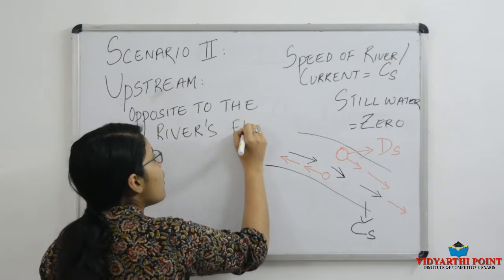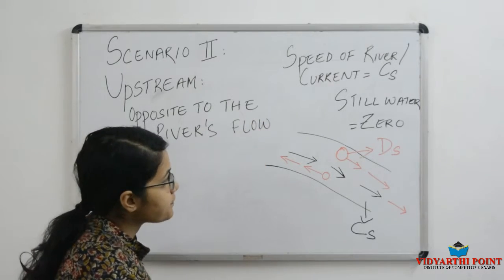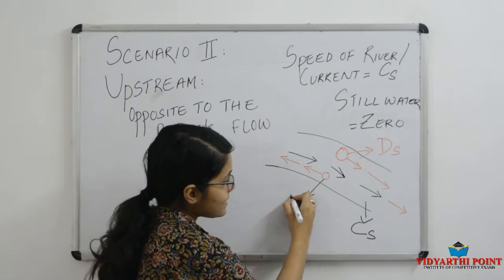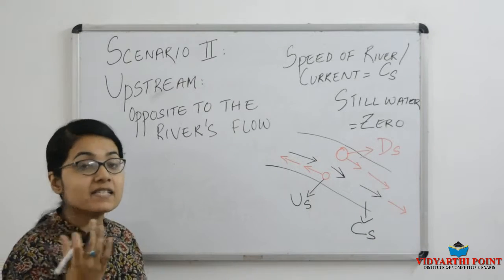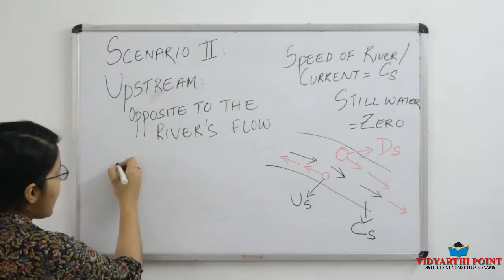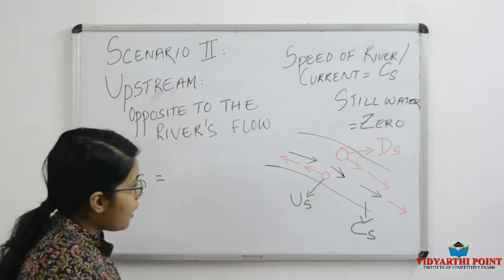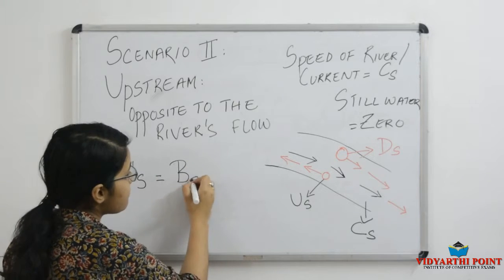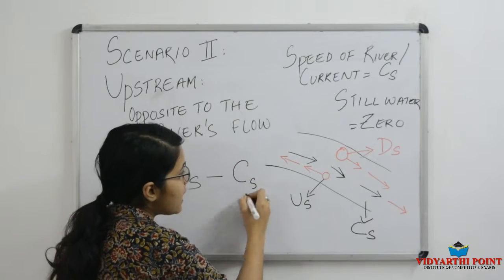Now let us denote upstream speed as US, that is upstream speed. Now let us see what is the role of the speed of current in upstream. Upstream speed equals to speed of boat, that is BS, minus speed of current.